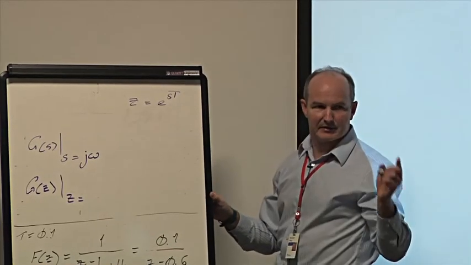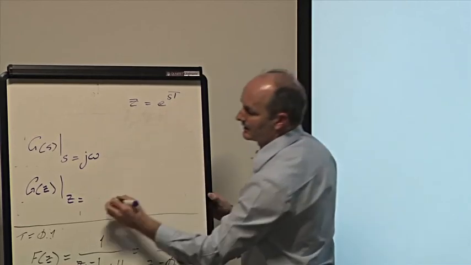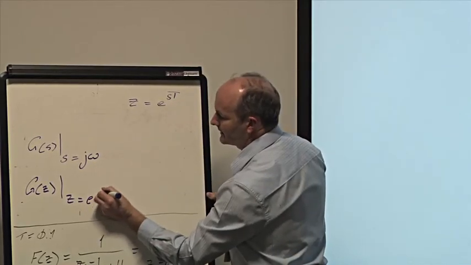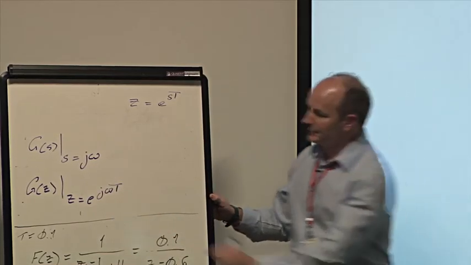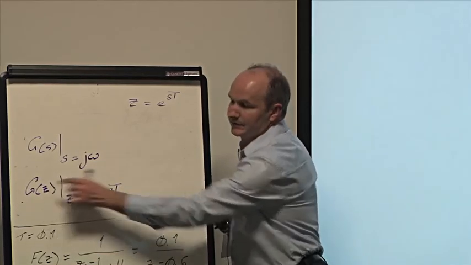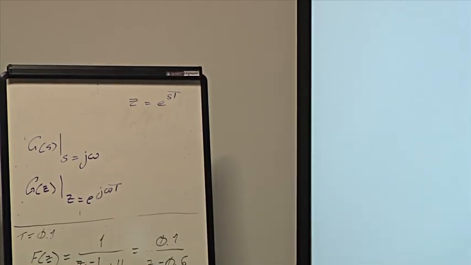Or e to the something. It's not negative, though. All we do is drop j omega in there. It's e to the j omega T. You substitute e to the j omega T for z in the transfer function to work it out. That'll be a complex number at every frequency that will tell you the magnitude and the phase. We can represent it as a Bode plot if we want to.